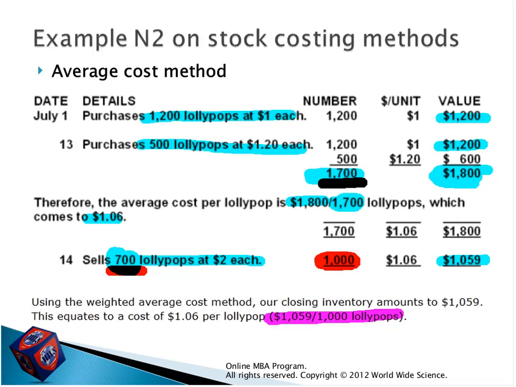So that's all I want to tell you and teach you about the stock costing methods. That's very important when you prepare the balance sheet, because when we prepare the balance sheet, the inventories would increase or decrease our assets based on which kind of method we are using, right?